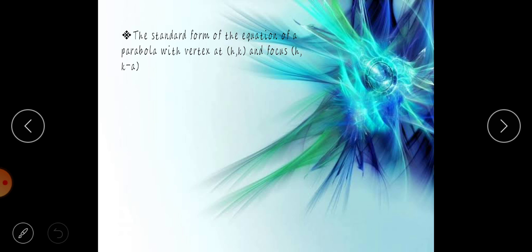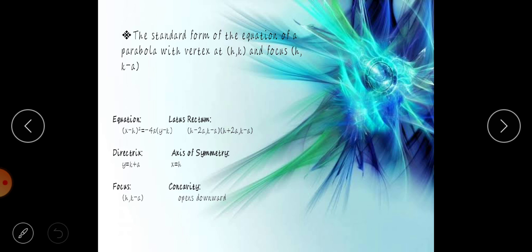And the last one is the standard form of the equation of a parabola with vertex at (h, k) and focus (h, k minus a). This parabola has an equation of (x minus h) squared is equal to negative 4a times (y minus k), and has a directrix of y is equal to k plus a, focus of (h, k minus a).